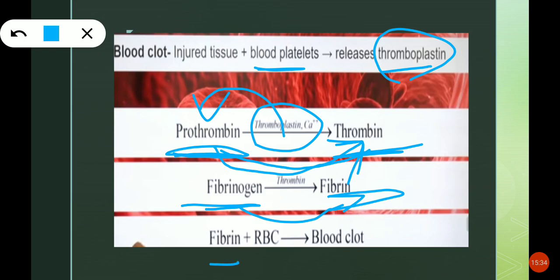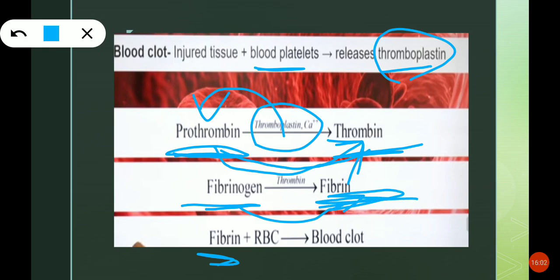In this fiber-like structure, the RBCs, the red blood cells, come and get stuck. The fiber is like a fencing-like structure. Then in that fiber, when bleeding starts, after a while fibrin forms.